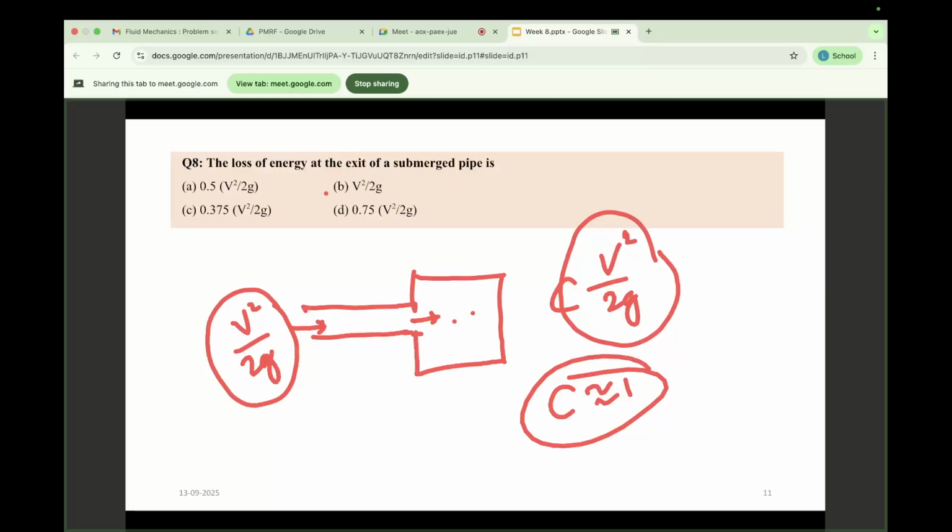So the correct option is option B. Have you got my response? Have you understood this thing? Yes or no?